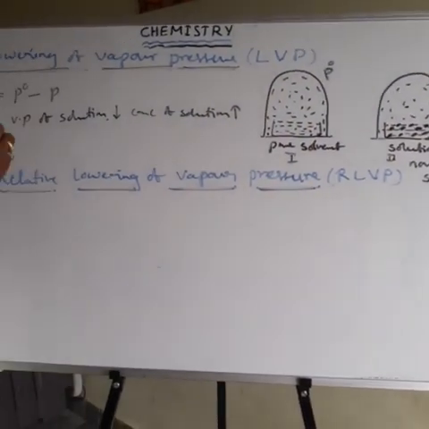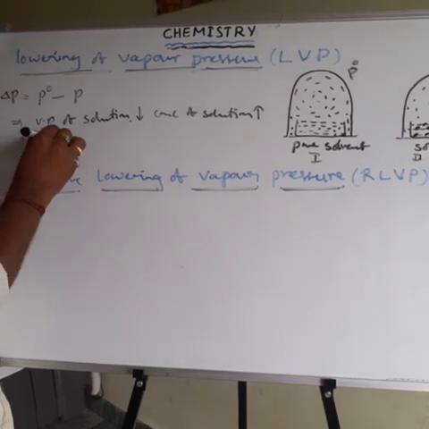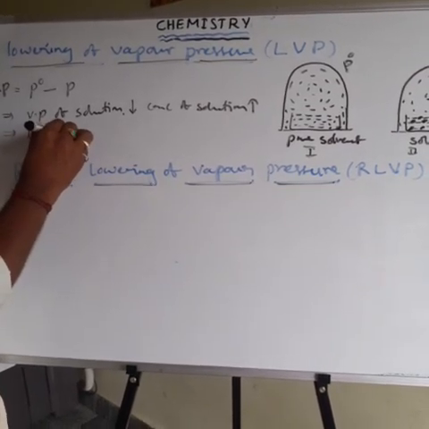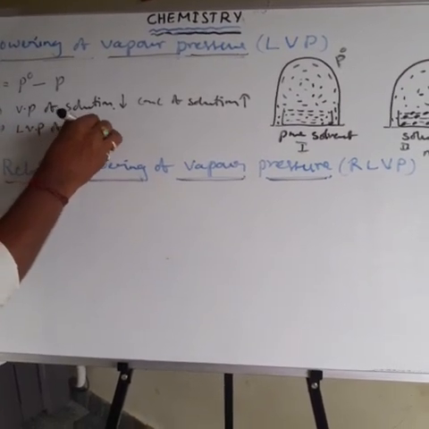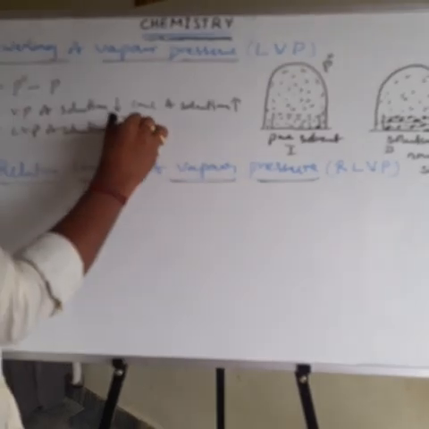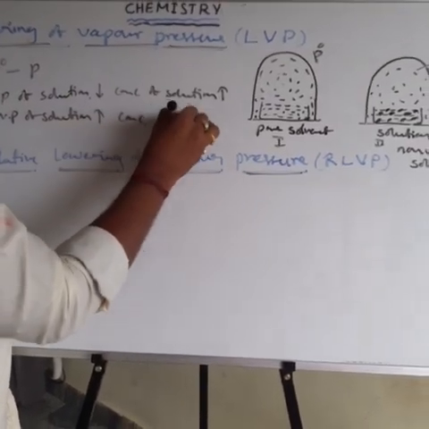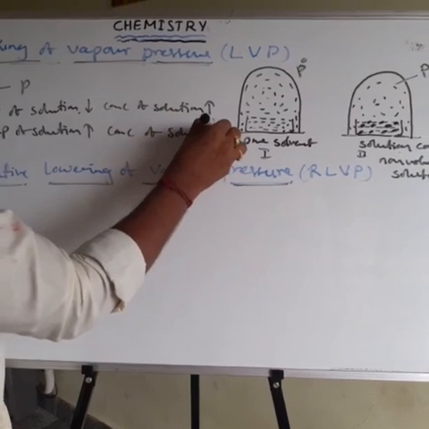Then the second point: the lowering of vapor pressure of a solution increases with an increase in the concentration of the solution.